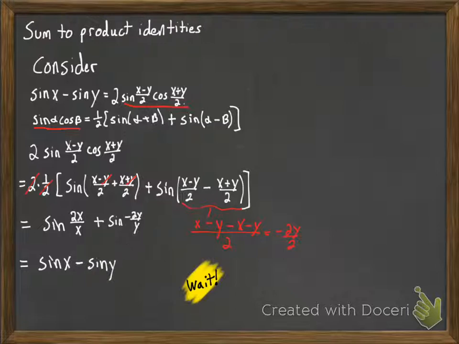And now we have our identity. Sine x minus sine y is equal to 2 sine x minus y over 2 cosine x plus y over 2. And the key is you match up the sine and the cosine from that identity with the sine and the cosine from your product to sum identity.